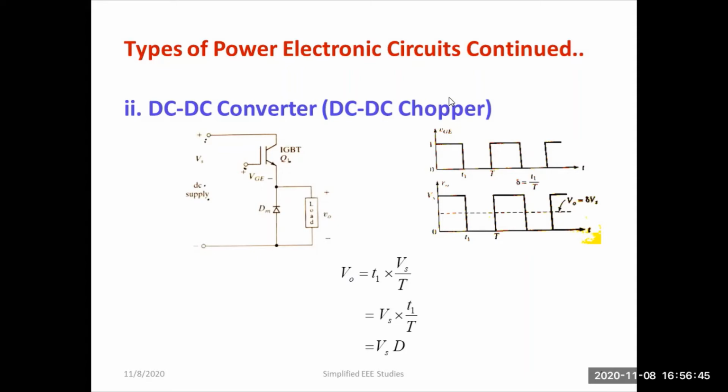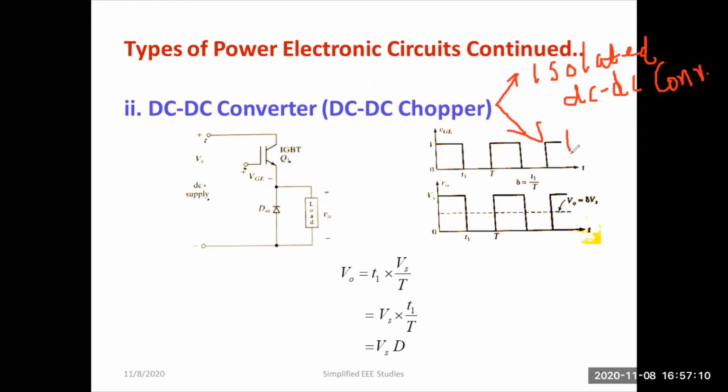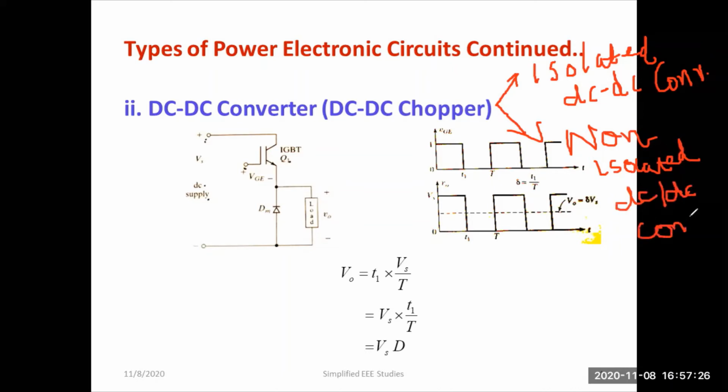There are two types of DC-DC converters: isolated DC-DC converter and, similarly, non-isolated DC-DC converter.